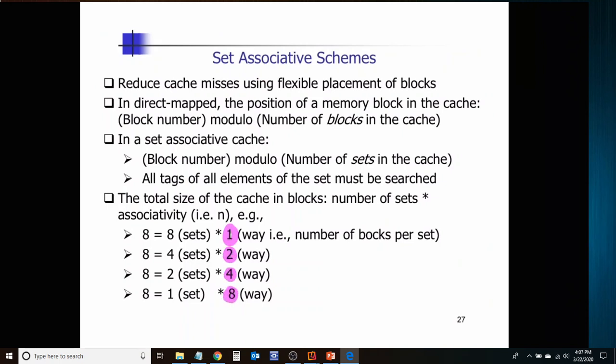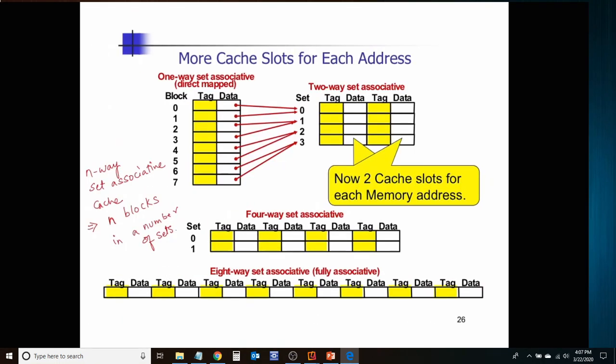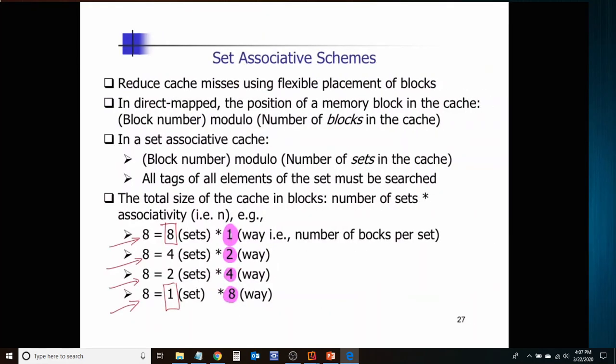And if you multiply that with the number of sets, 8 in the case of direct mapped and 1 in the case of fully associative, you would get the number of slots or number of blocks in the cache, which is 8 in all of those four cases.